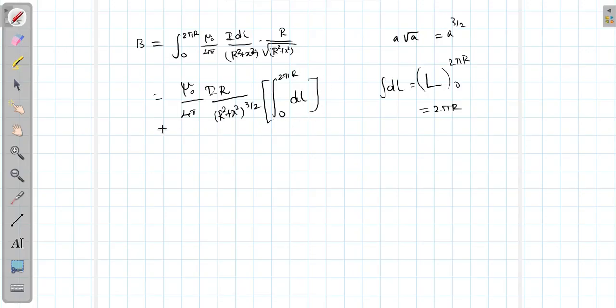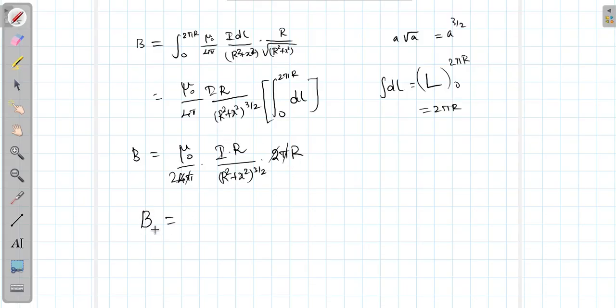So the entire integration, B equals mu naught by 4 pi, I into r divided by r square plus x square power 3 by 2, into 2 pi r. Cancel pi and 2, and r becomes r square.